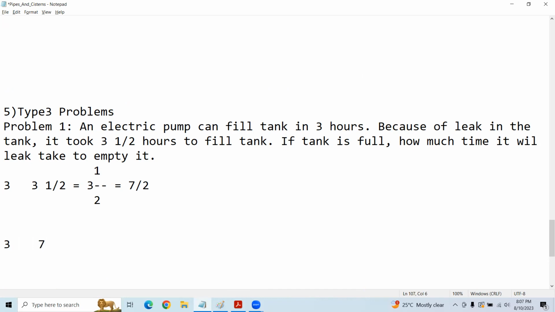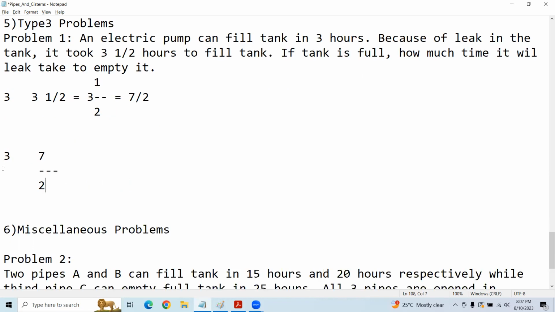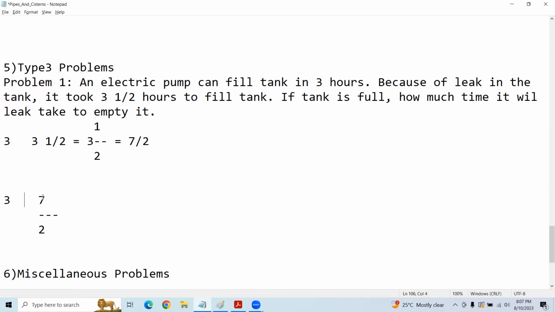Usually we start writing the table of the number and then we get the LCM of any pair. But here we cannot write the table of 7/2. What we are looking for is something which is coming in the table of both the numbers. If we multiply both the numbers, can we say that whatever answer we get will be in both tables? Take any two numbers, like 4 and 5. 4 5s are 20. 20 will be in both the tables if we multiply them.